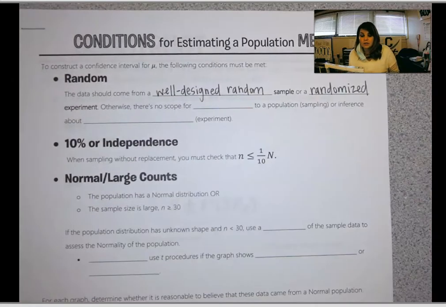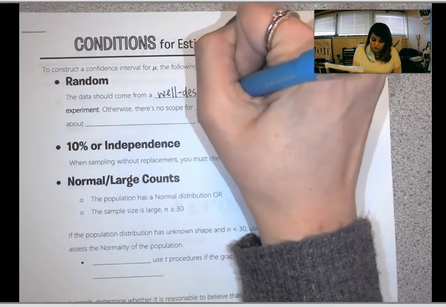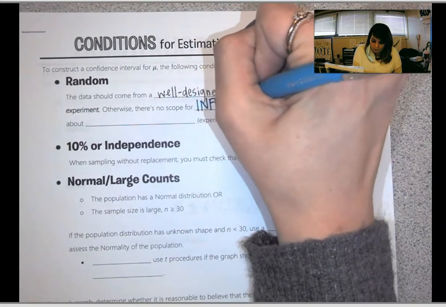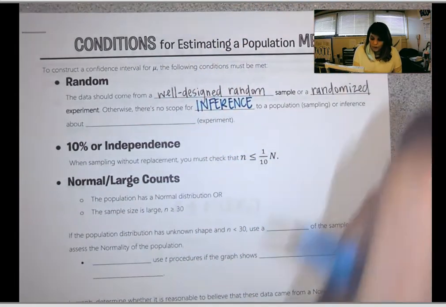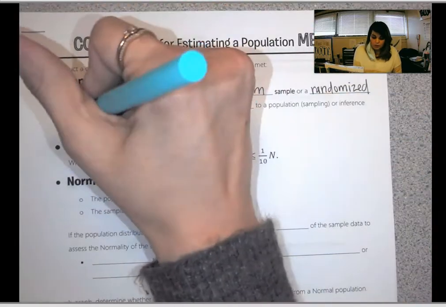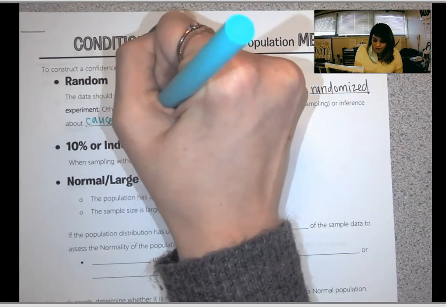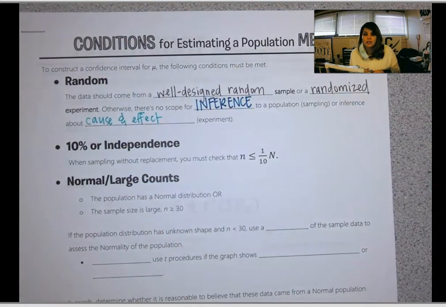We haven't really talked about experiments at this point. We've basically just been talking about inference to a population. If our sample is not random, we cannot make inference about a population. If we were talking about experiments, we would be making inference about cause and effect instead. So we just want to make sure that our sample is random.